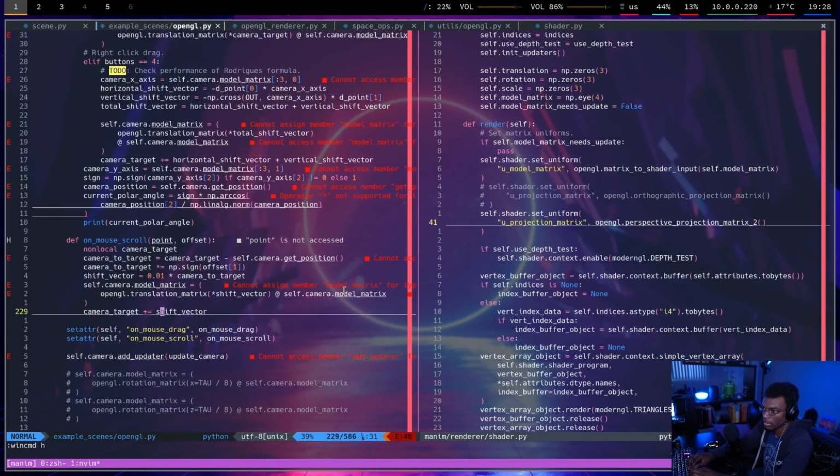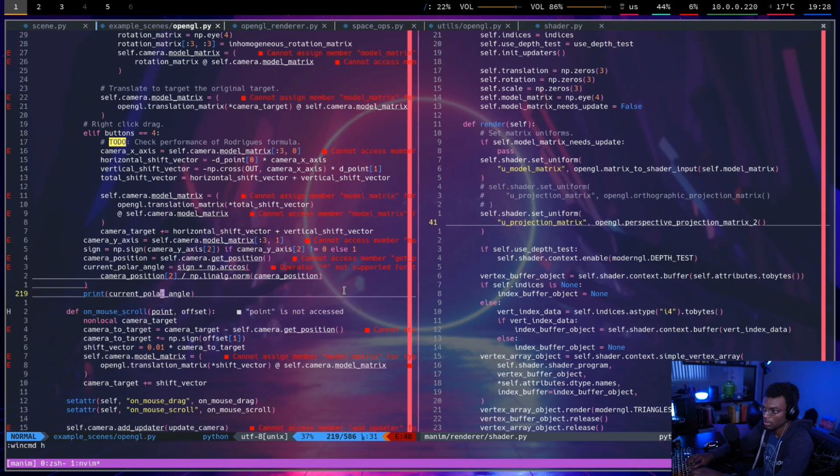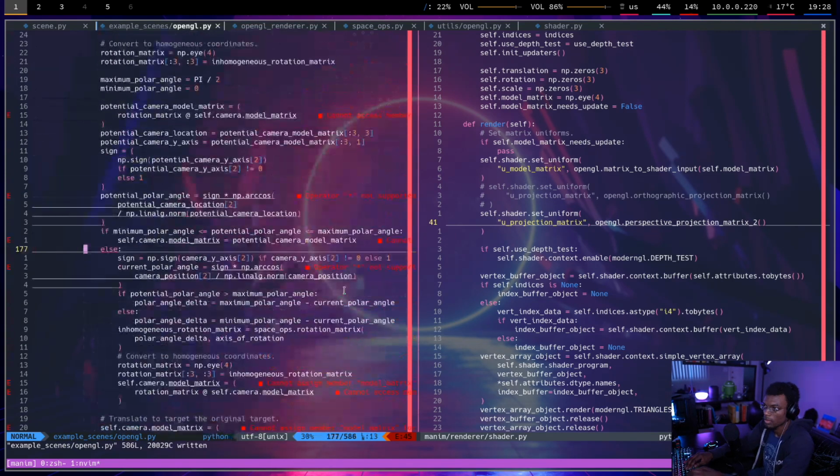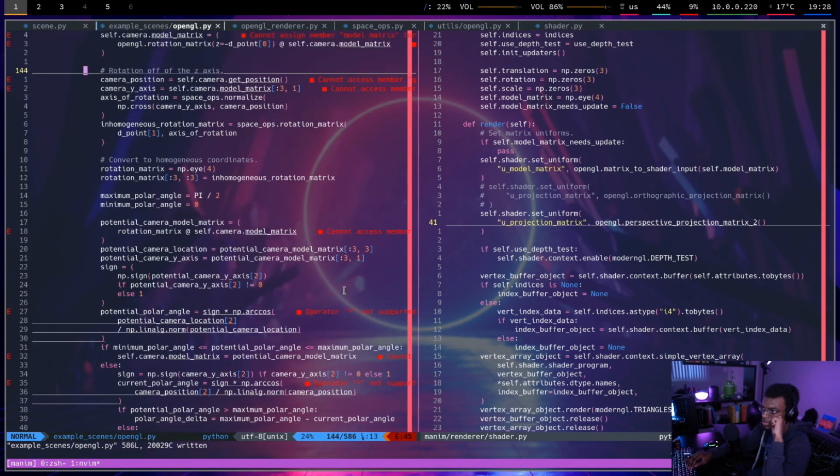Okay, I'm gonna not print. Well, I will still print this. Well, I'll comment this. The polar angle it's computing when it checks the boundaries has to be wrong.